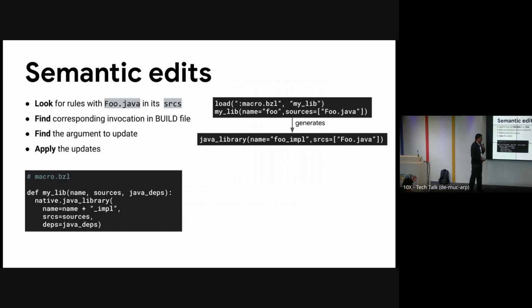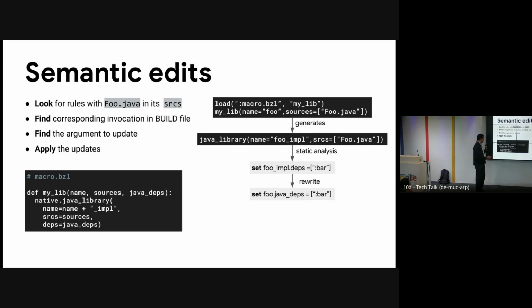Okay. But because we use Bazel query, I'll actually expand the macros, and I will see here that I have a Java library rule called foo_impl with sources equal to foo.java. And now that I understand the semantics of Java library, I can go do my analysis. And then the result of the analysis tells me that, okay, I need to set the deps for foo_impl to bar.